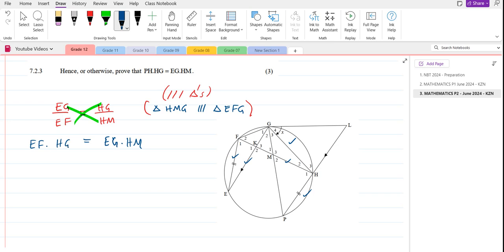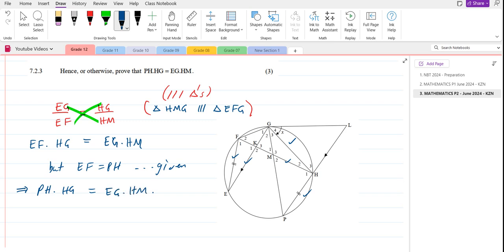Now we need to keep HG, EG, HM. We need to replace EF, but we know that EF is equal to PH, which is given. So first you tick off all the sides and then you see the relationship, right? So that's given. So this implies we have PH times HG is equal to EG times HM.